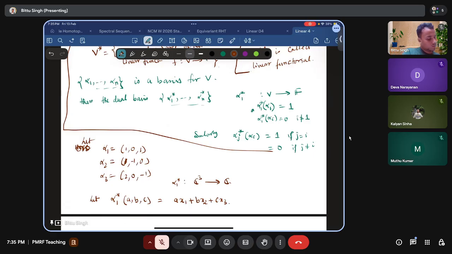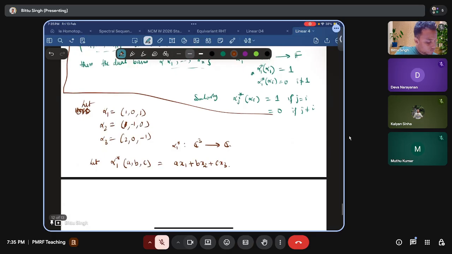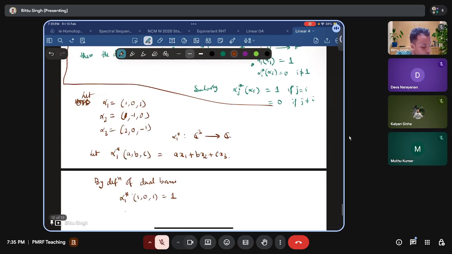Then by definition of the dual basis, alpha 1 star applied at alpha 1, which is (1, 0, 1), gives 1 and the rest are 0.